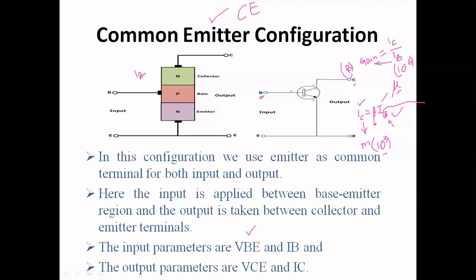So the input parameters are VBE and IB. The output parameters: we collect the output across the collector, and the current will be IC. We are collecting across the collector and emitter, so the voltage will be VCE. That is the output parameters.